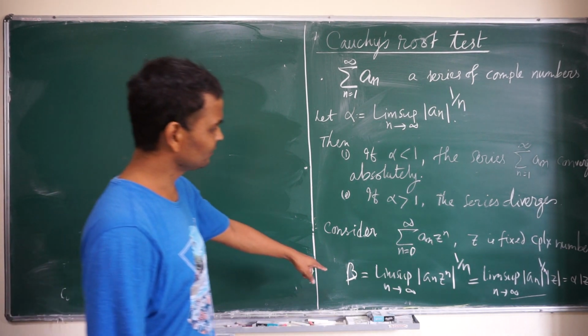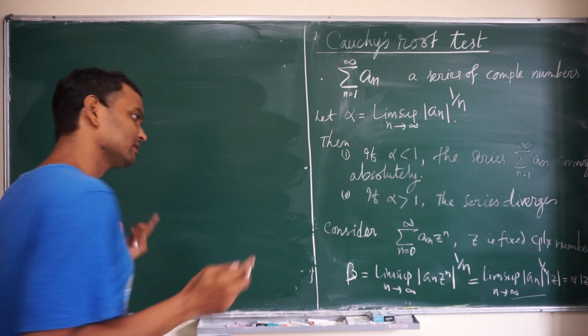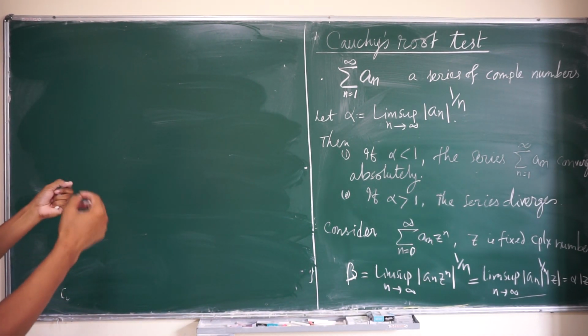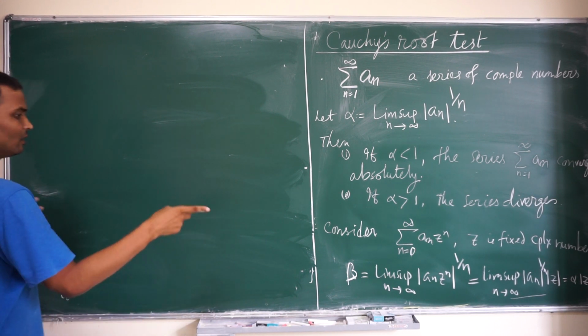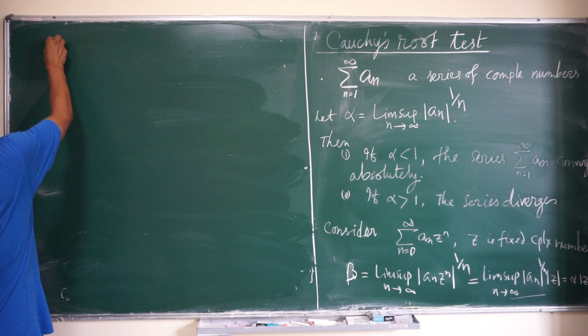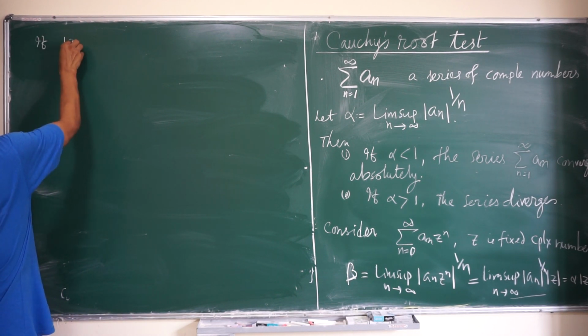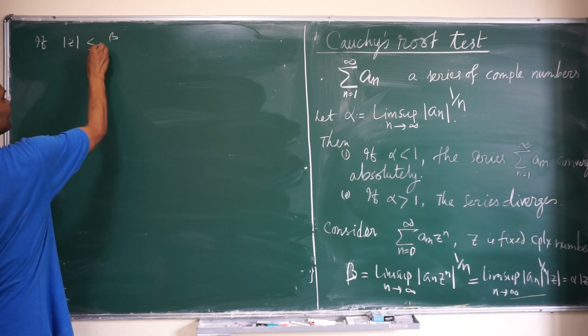Now what happens? See, beta here comes as alpha times mod z. z is definitely fixed, but if you want to vary z at each of the points in a domain, or an open set, so what you need is the following: if mod z is less than beta by alpha.